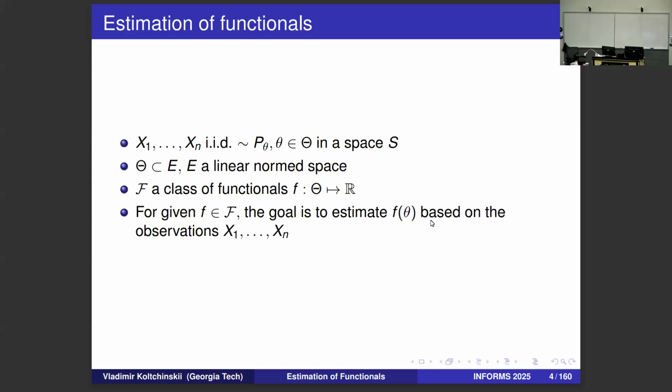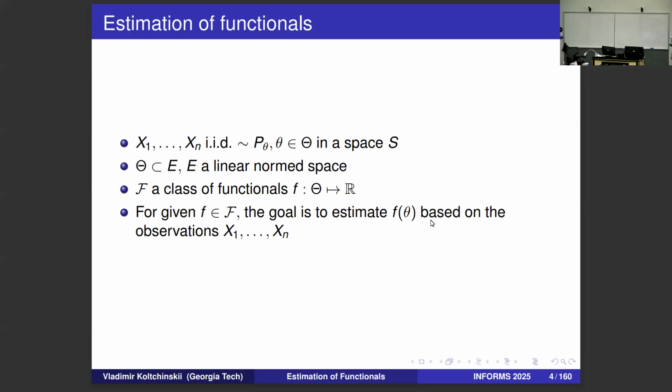But I would even prefer if we have a little bit more vague view of the problem, so we will think of f of theta as some one-dimensional feature that is of interest to you.